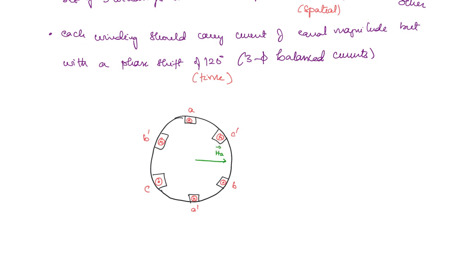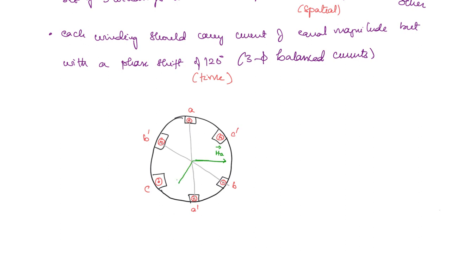Now what about for the coil B dash? For this also it will be perpendicular. Now this is 120 degrees with respect to this line. In fact, this is A dash coil, this is B dash. Now this angle is 120 degrees. So now H bar is coming from here.